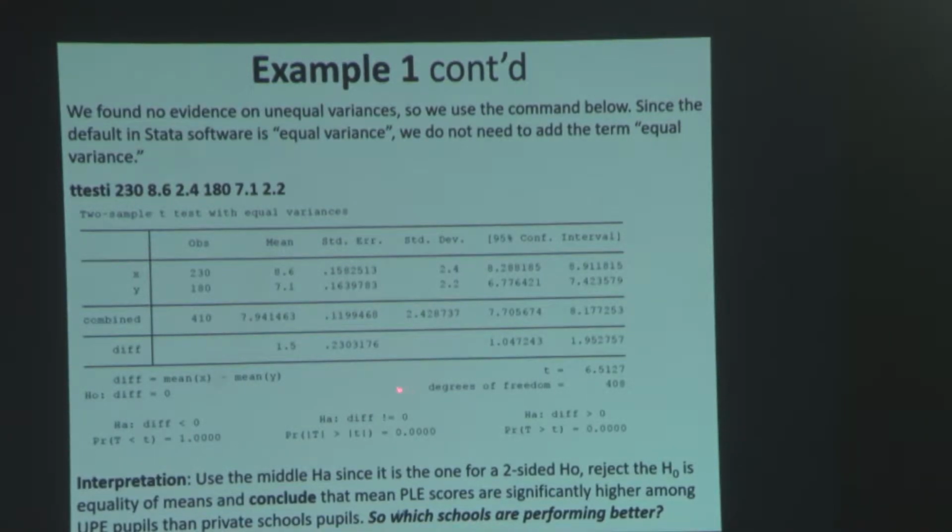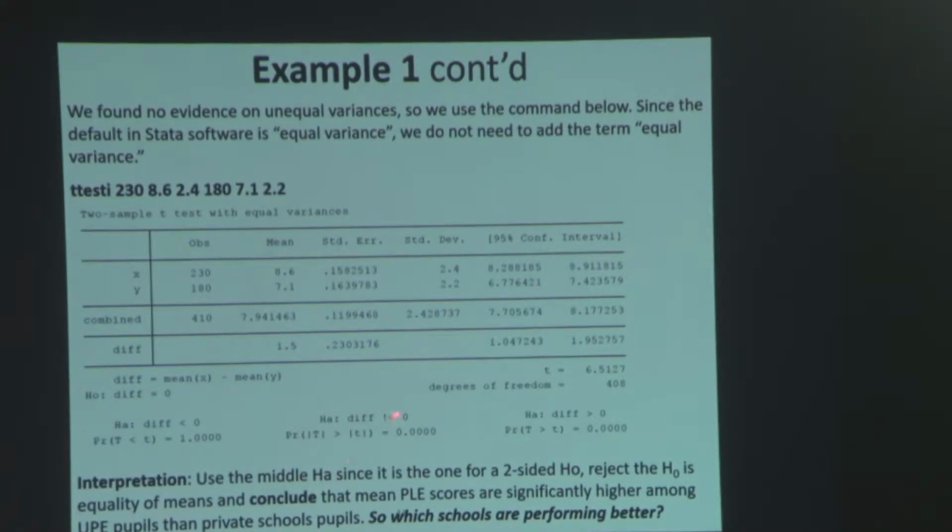But if it is less than 0.05, which is our default in software, then we reject the null hypothesis of equal means and conclude that the mean scores at PLE are not equal between these two groups.